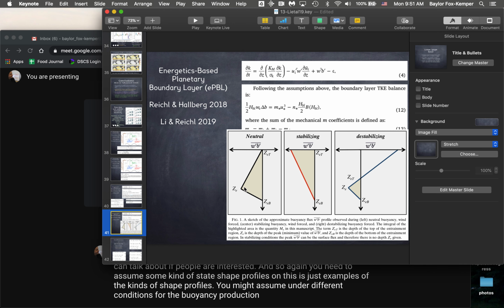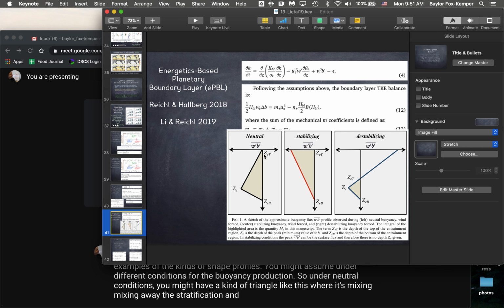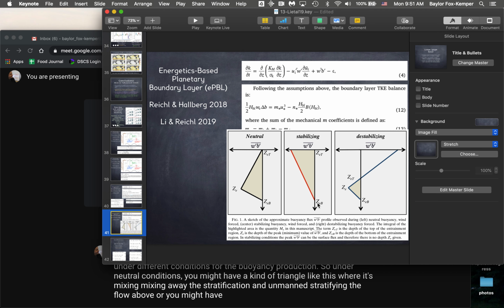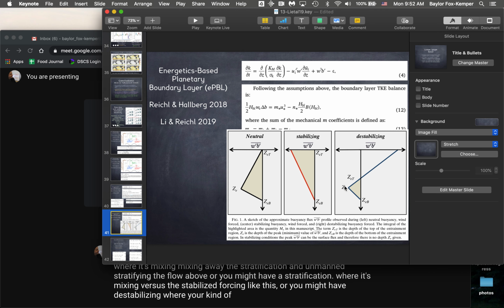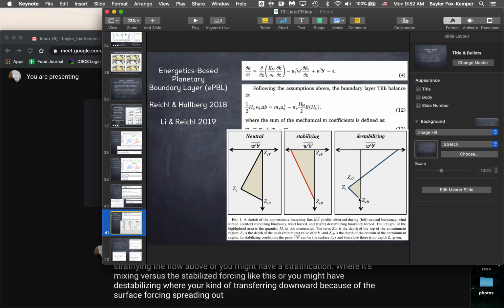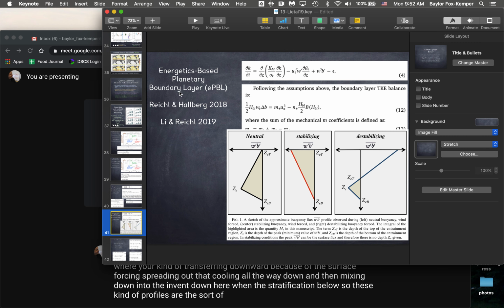Under neutral conditions, you might have a triangle like this where it's mixing away the stratification and stratifying the flow above, or you might have a stratification where it's mixing versus the stabilizing forcing like this, or you might have destabilizing where you're transferring downward because of the surface forcing, spreading out that cooling all the way down, and then mixing down into the stratification below. So these kinds of profiles are the assumptions you have to make to get a scheme like this to work.